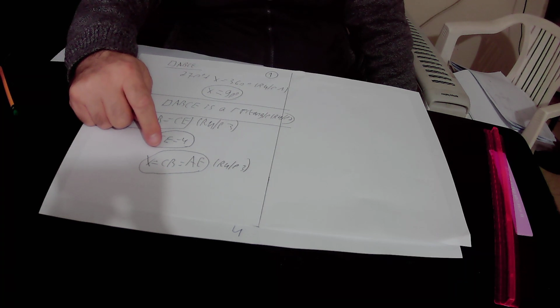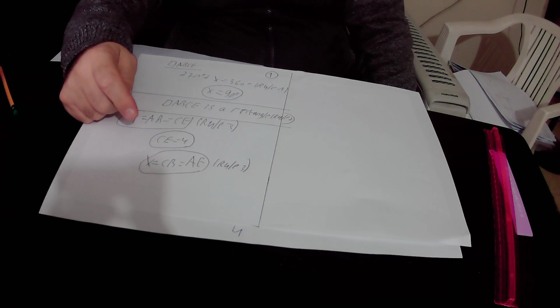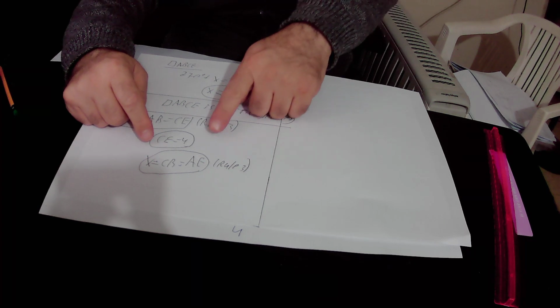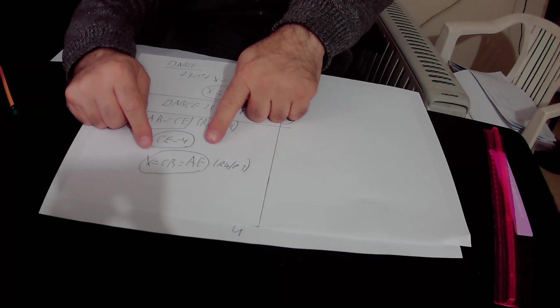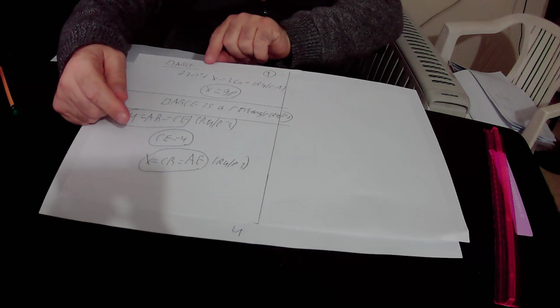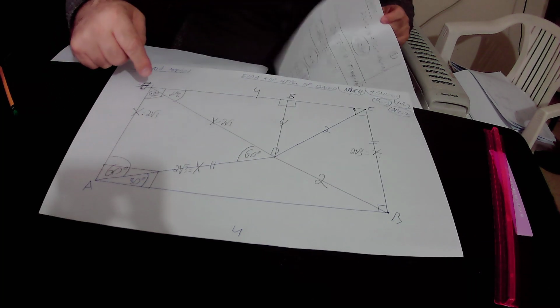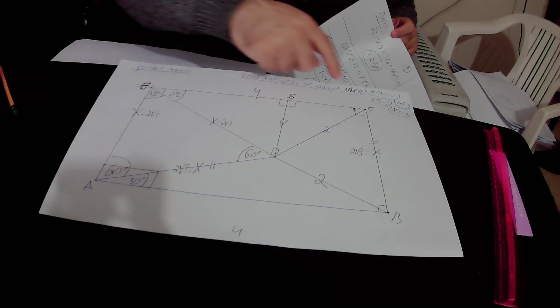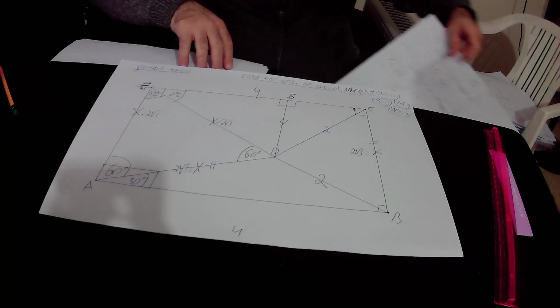And we define CB as X. So from this, we derive that AE also equals X. So here AE equals X and CB also equals X.